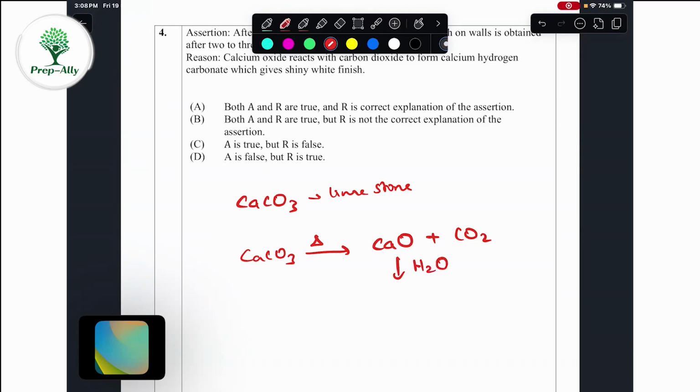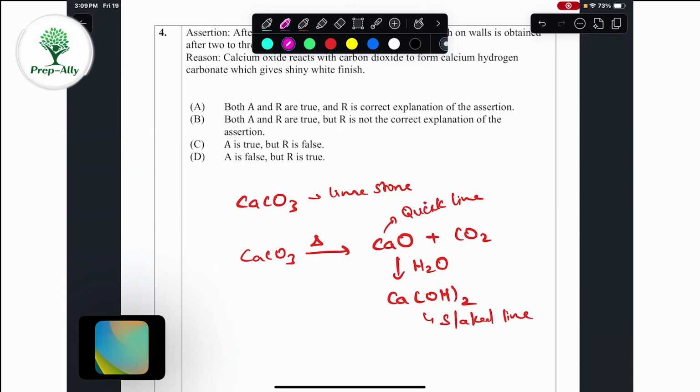When you are dissolving this in water, you will get Ca(OH)2. This we call slaked lime or lime water, and this one is called quicklime. And this is what we are using for whitewashing.